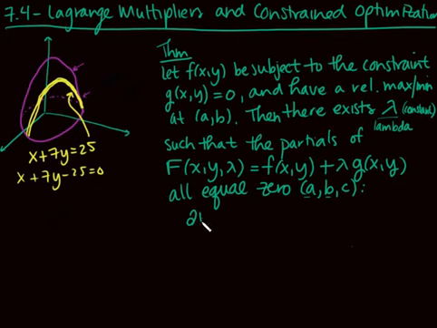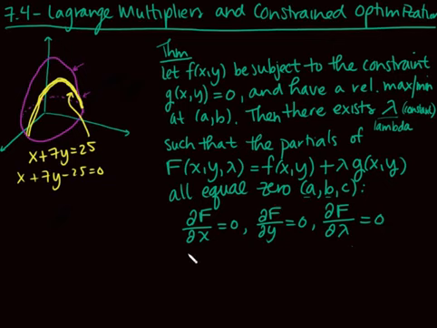So what that says is if I take the partial of this new function capital F with respect to x, that's going to be 0 evaluated at a, b, and c. Partial of big F with respect to y, set that equal to 0. And then the partial of this big F with respect to lambda equal to 0.